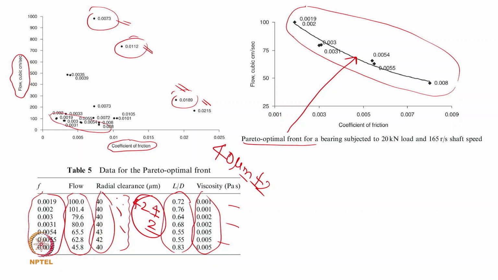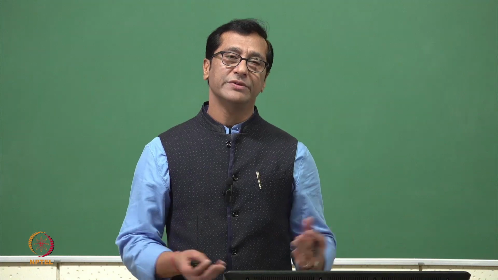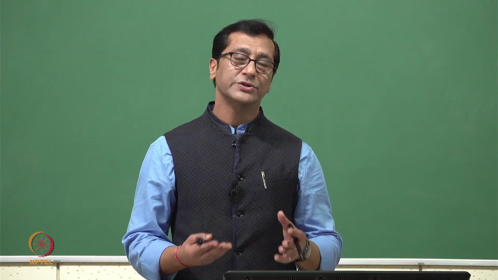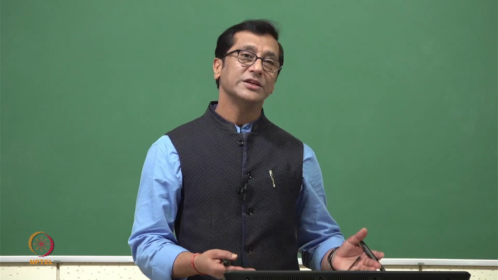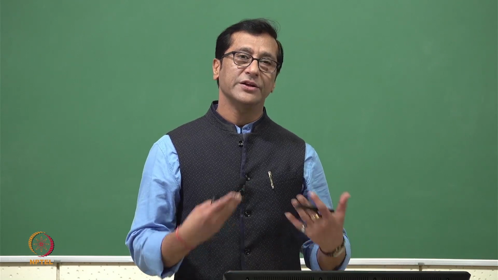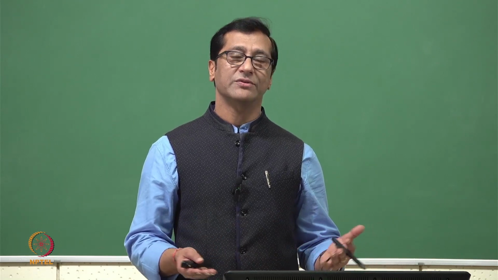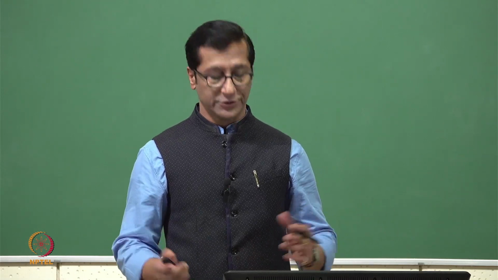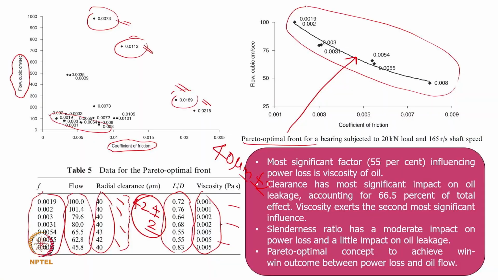I don't have much say on this. So even when we are going for the optimal front, whatever solution comes, it also gives us reliability: if there is a statistical fluctuation, what will be the overall result, whether it will be favorable or not.